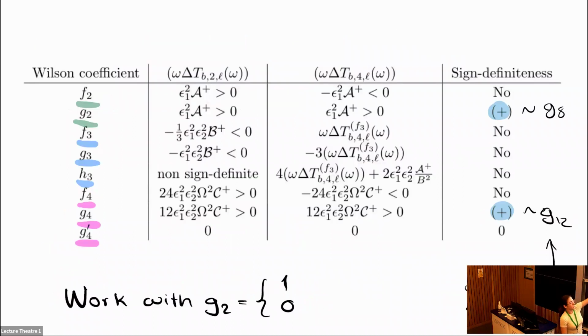Now here is an ugly table that basically tells you if the contribution to the time delay of all these operators is going to be sign definite or not, which tells you if there's a 2-sided bound on the operator or if it's just positive. And similar to the scalar case, there's going to be some operators here, what I called G2, similar to the G8 one for the scalar, it's just going to be positive, it's the leading order and it just defines the scale of your theory, so I can get rid of that.